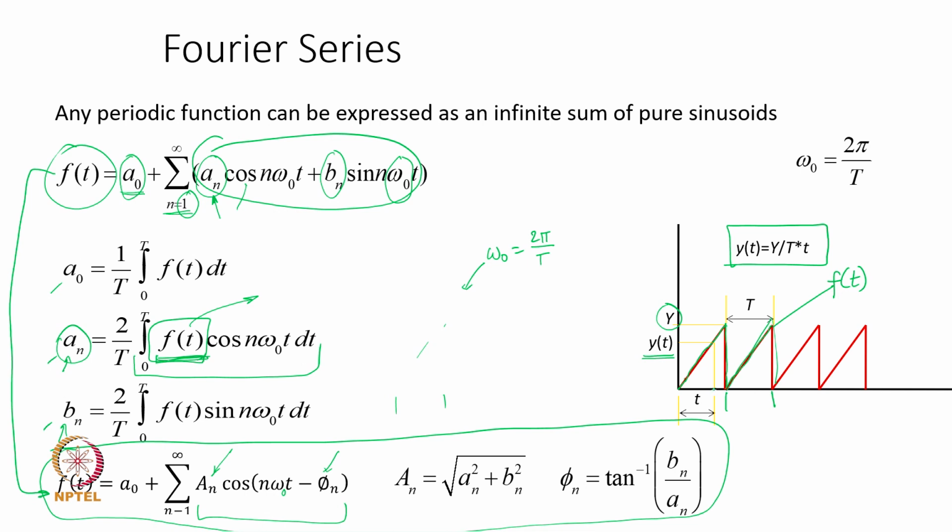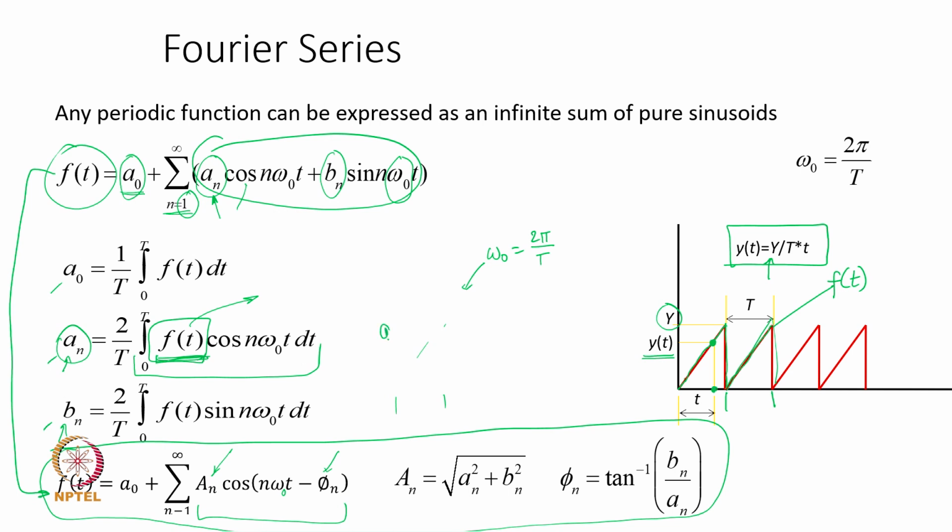So, t is any time at which I want to know the value of that function, and that value of the function y at time t can be easily expressed mathematically as a linear function. Capital Y by capital T is the slope of that line, times the time at which I want to find the value of that function. It is simply an expression like that.